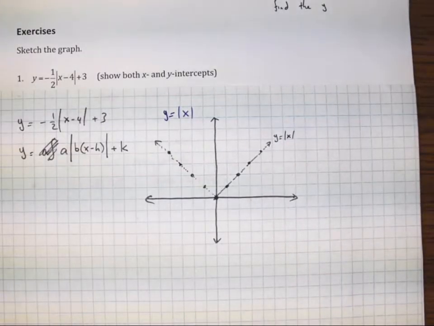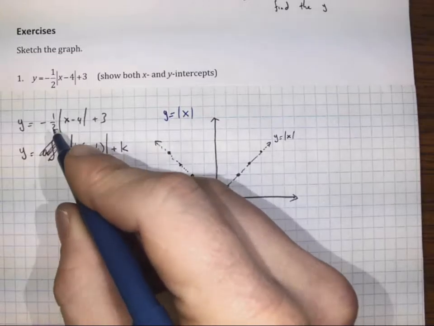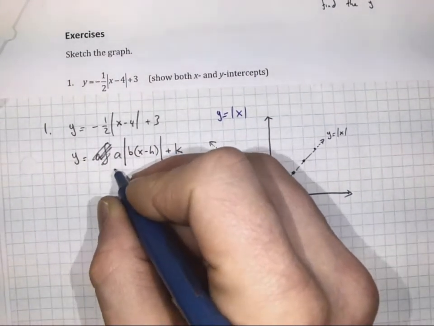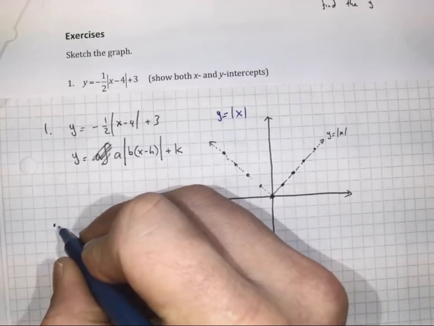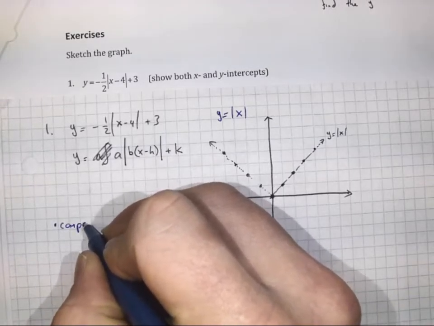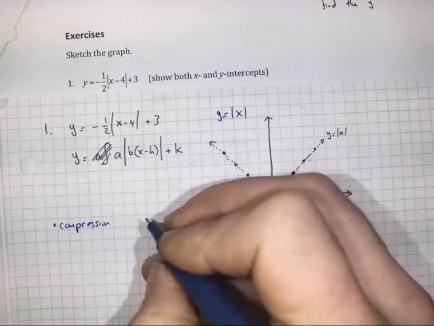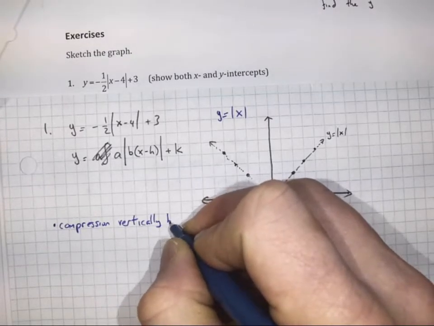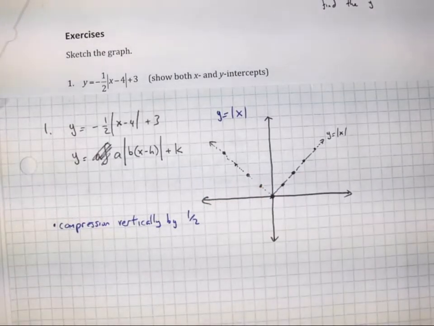And I've got a series of transformations here. I've got an a value of negative 1/2. So that means I've got some transformations here. I've got a compression, and that's vertical, by half.